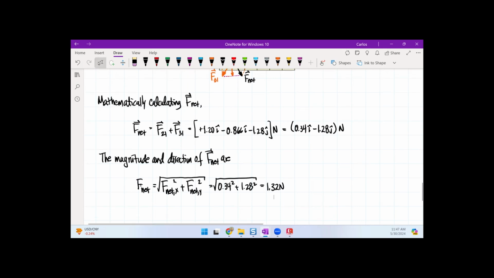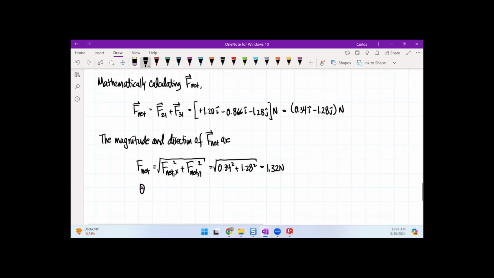And now if I look at my angle theta of the net force, that has to be the tan inverse of F net y over F net x, which gives me a value of tan inverse of minus 1.28 divided by 0.34, which then gives me a value of minus 75.1 degrees.